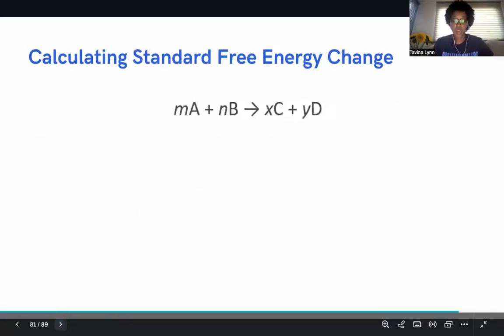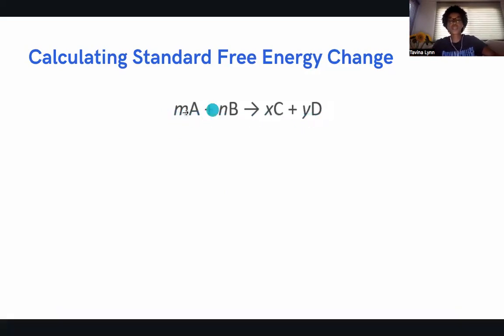Now, another way that we can calculate standard free energy change is similar to how we do standard change in enthalpy as well as entropy. This is a general schematic, a general chemical reaction. A and B are our reactants, C and D are the products, and M, N, X, and Y are our coefficients.